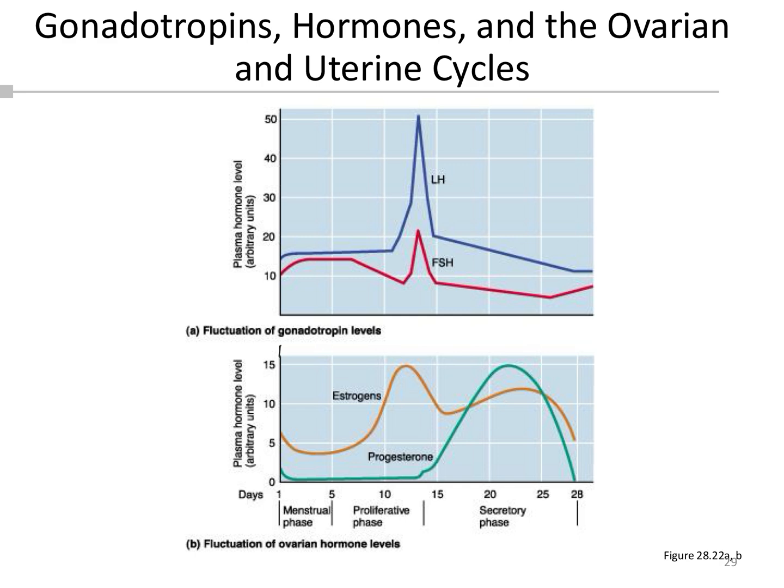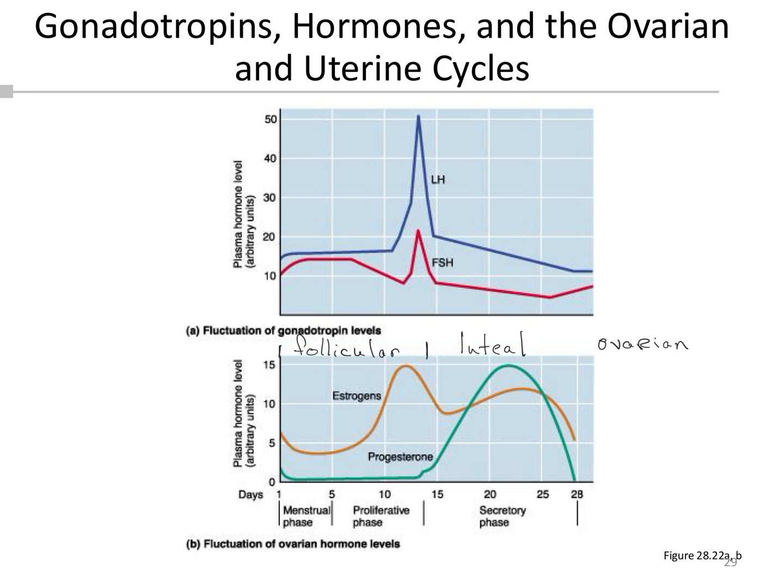From day 1 to day 14, we've got our follicular phase. And then from day 14 on, we have our luteal phase. So these are phases of the ovarian cycle.